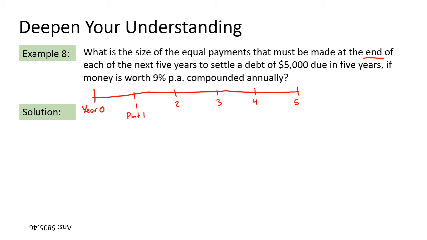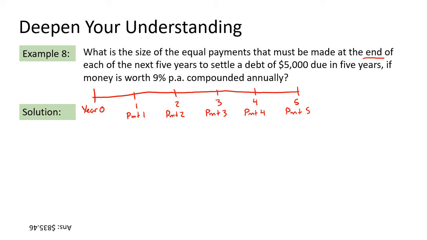Then at the end of year 1, we're at year 2. So we have payment number 2. Payment number 3 at the end of year 3. Payment number 4 at the end of year 4. And at the end of year 5, the same time that the $5,000 is due, we'll have our last payment, payment 5. Okay, so we have to make 5 separate payments here.